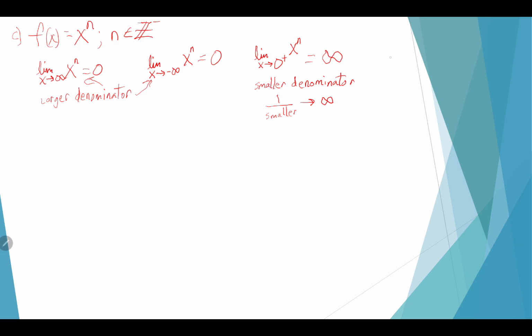Now, this piece is where things kind of change up a little bit. Not a lot. x is approaching 0 from the left, or from the negative side. So x to the n, this rule is still applying. The question becomes, do we end up with a negative number?